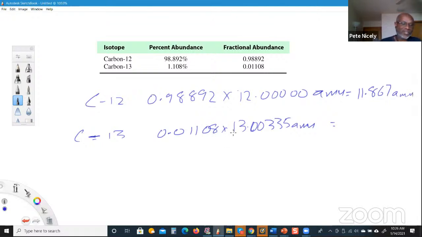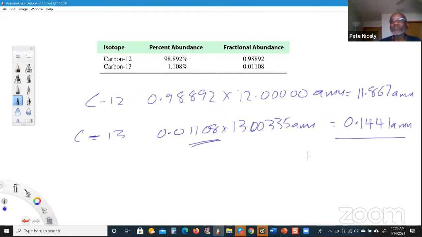And then I'll do the same thing down here, 0.01108 times 13.00335. And again, in this case, I have to round off to 4 sig figs. So according to my calculation, this works out to be 0.1441 AMU.